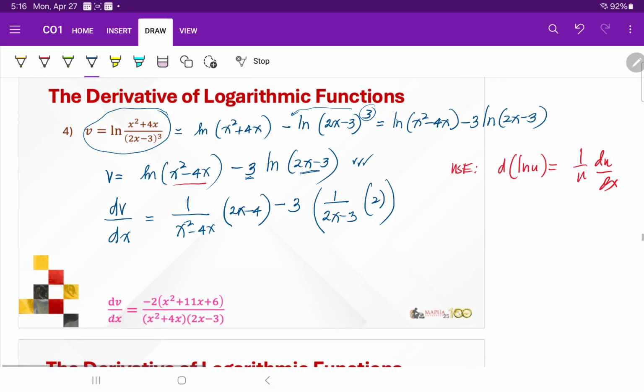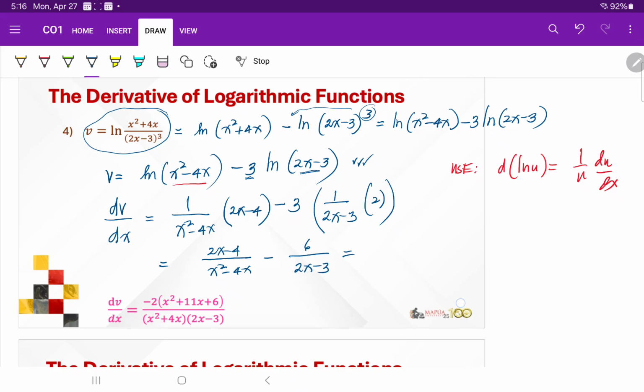And then we simplify. So here we have 2x minus 4 over x squared minus 4x, minus 2 times 3 is 6 over 2x minus 3.